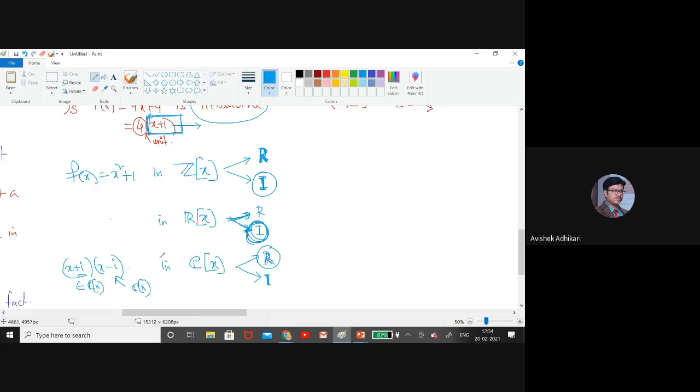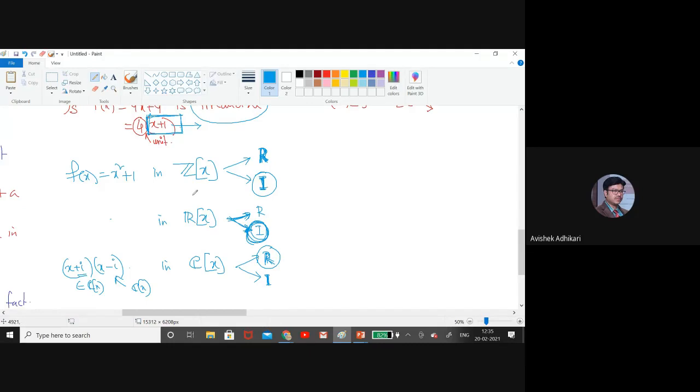So now you can understand that this very much depends on which set you are in. If you are in Z or R, the same polynomial may behave differently. That's very important. Here the same polynomial behaves differently in Cx. So when we ask the question without giving a ring, the question must be incomplete.